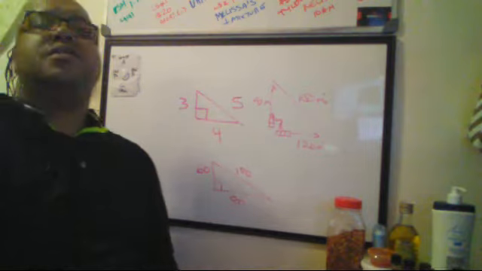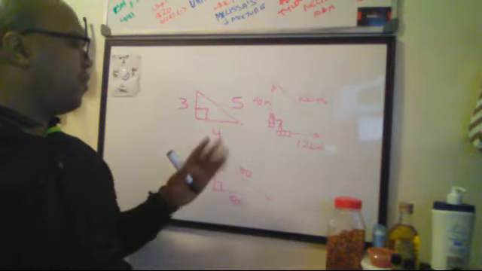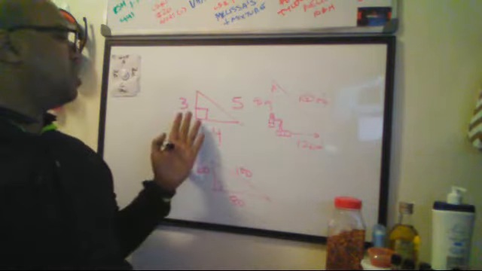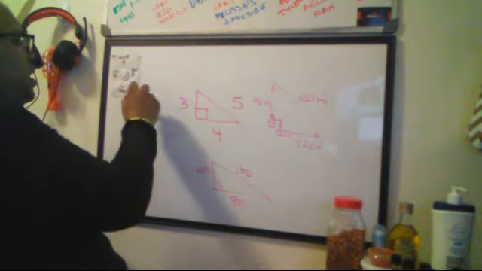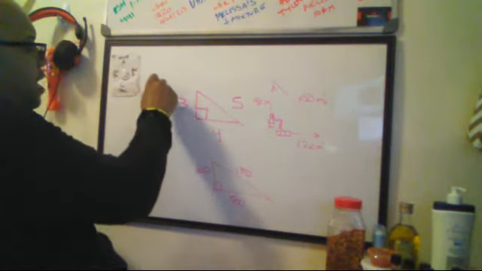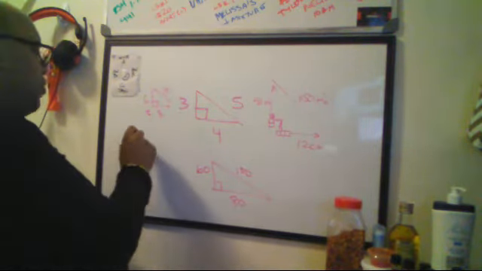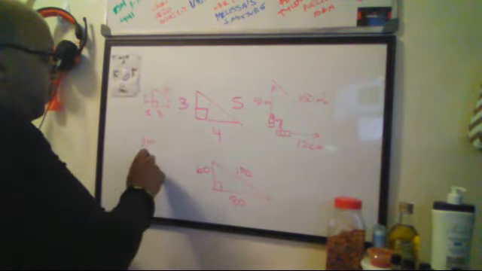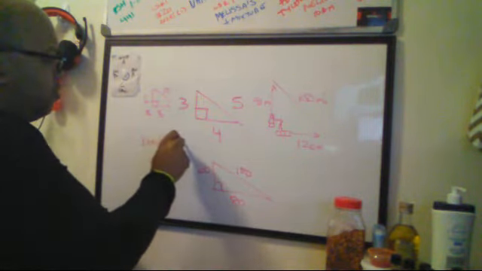So the test makers are very lazy. They use all these tricks like 3, 4, 5, and I can make a million questions off of 3, 4, 5. I could use 6, 8, 10. I could use 300, 400, which makes the hypotenuse 500.